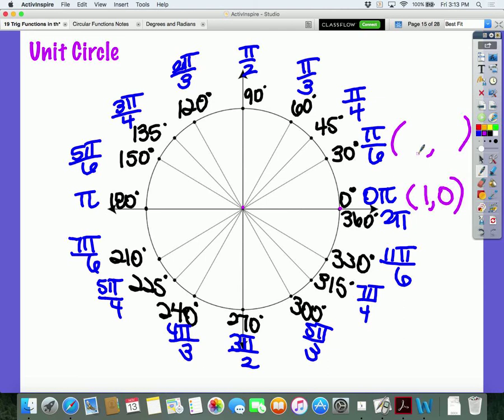Cosine of 30 degrees. Square root of 3 over 2. And the sine of 30 degrees. Gabby, you saved the class. We'll put that up there. 1/2. That is the ordered pair for 30 degrees.